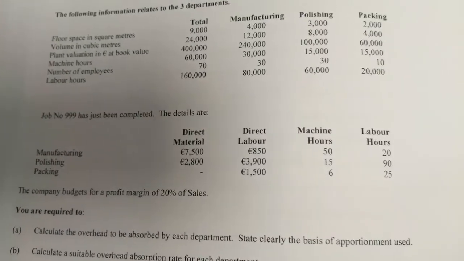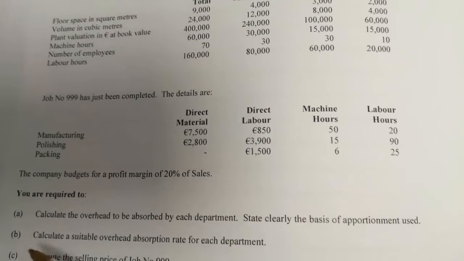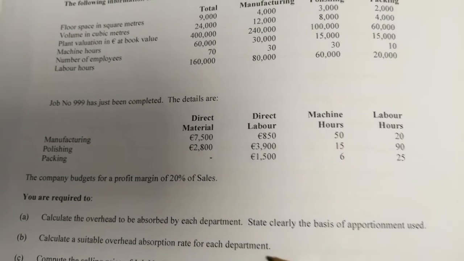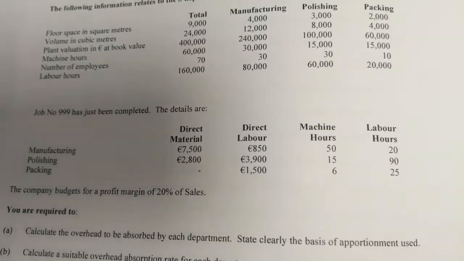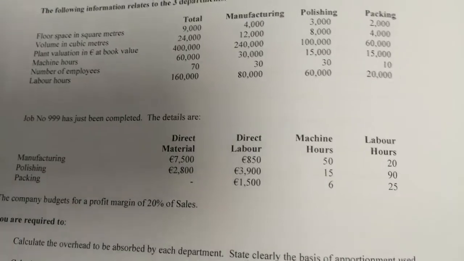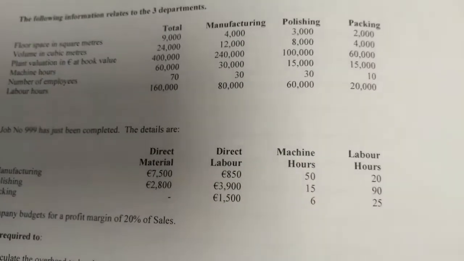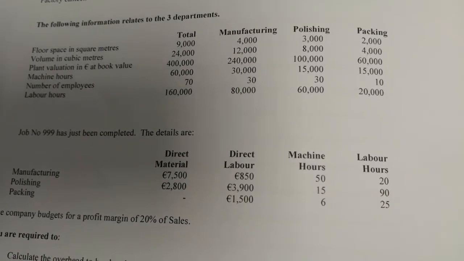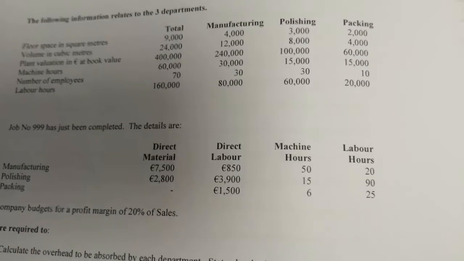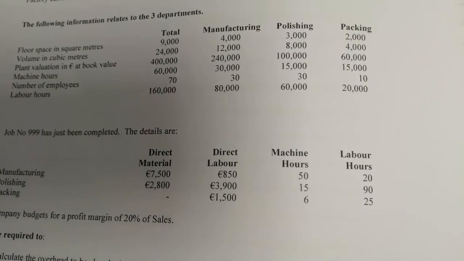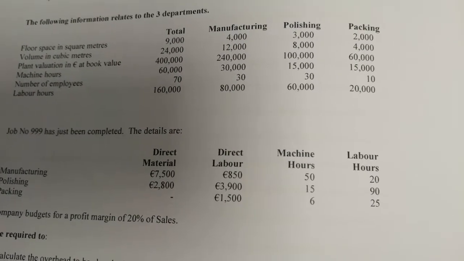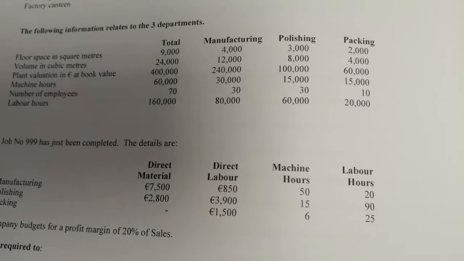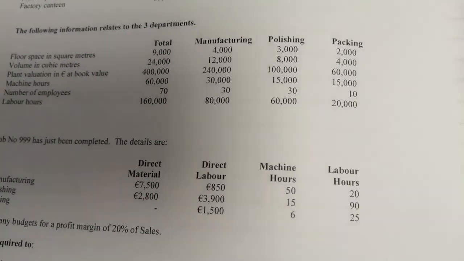Now, one thing to say about this, if I go back to part B, it said calculate a suitable overhead absorption rate for each department. I said to you that the rule when you're calculating an overhead absorption rate is to choose a rate either per direct labour hour or per machine hour, depending on whatever is the most dominant activity. If there tends to be more machine hours in a department, use a machine hour overhead absorption rate.